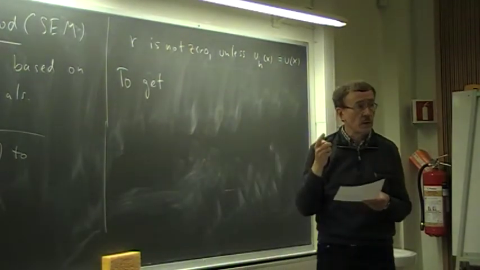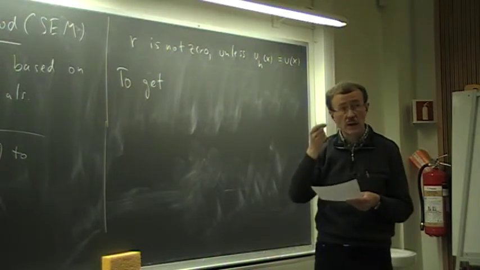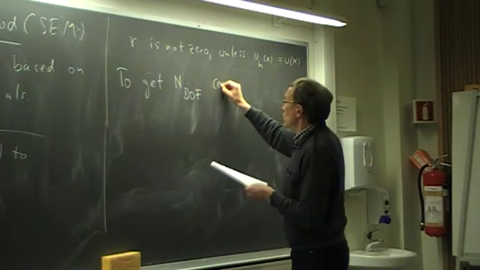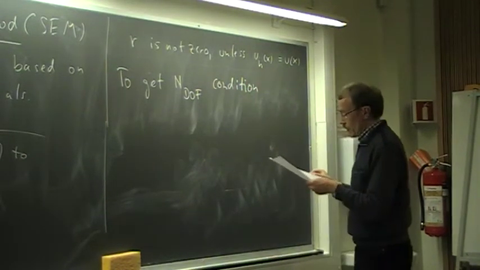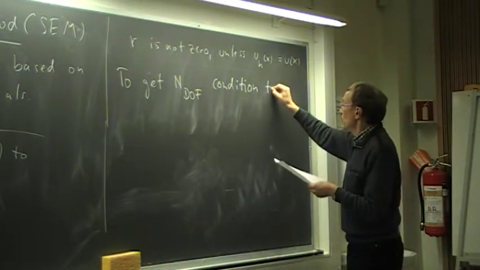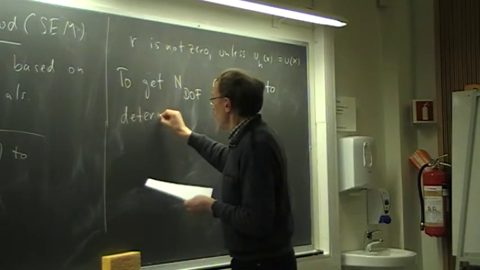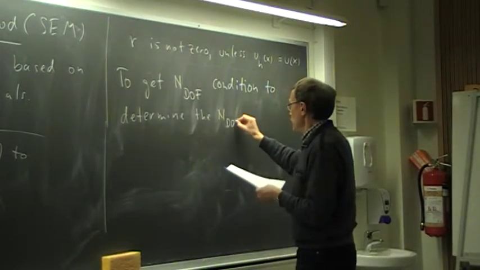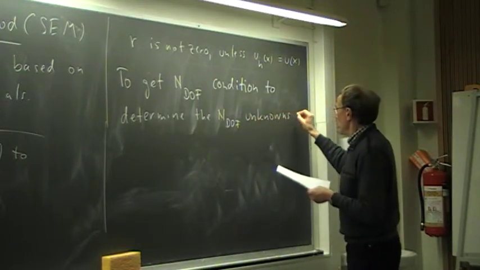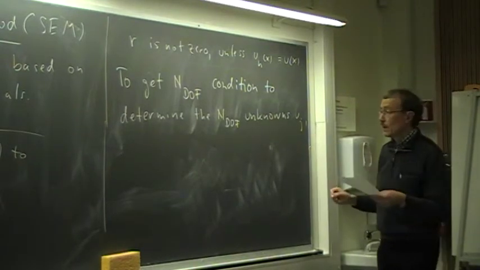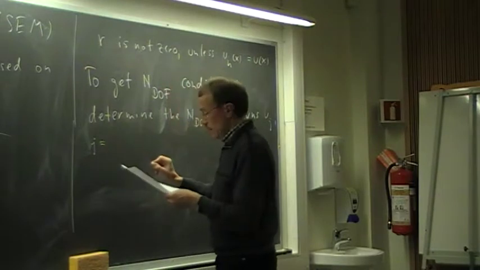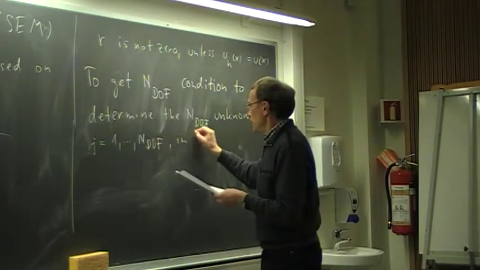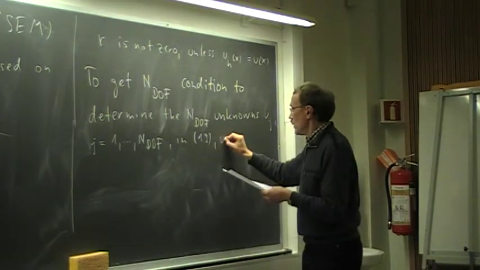We have ND of f, number of degrees of freedom of these coefficients, so we need that number also of conditions to determine the ND of f unknowns, which are the coefficients in the ansatz 19.